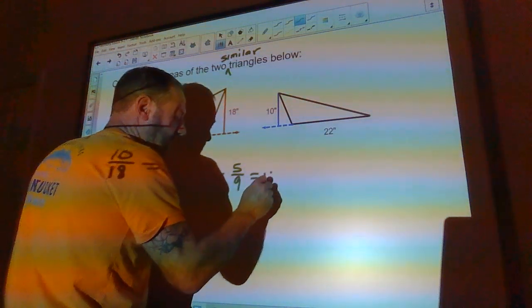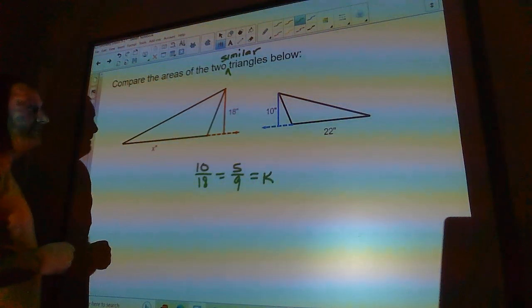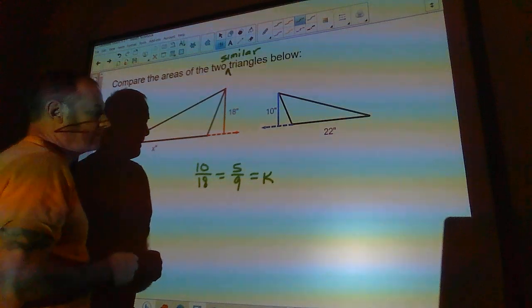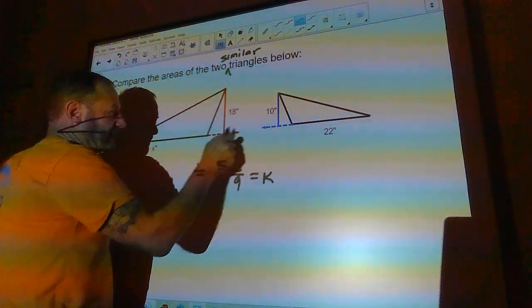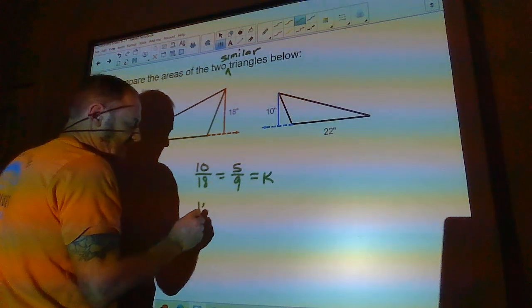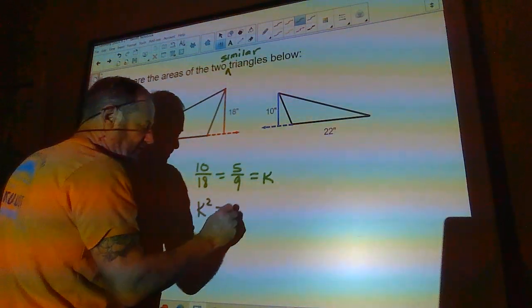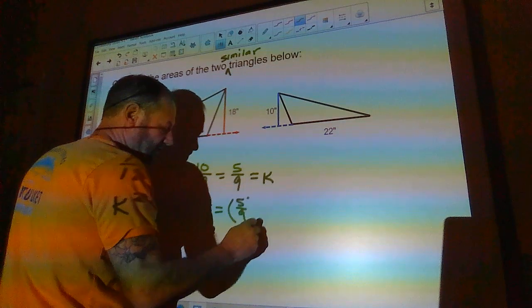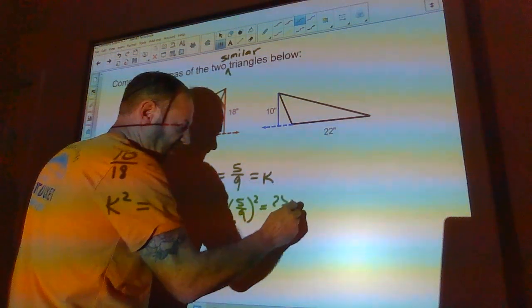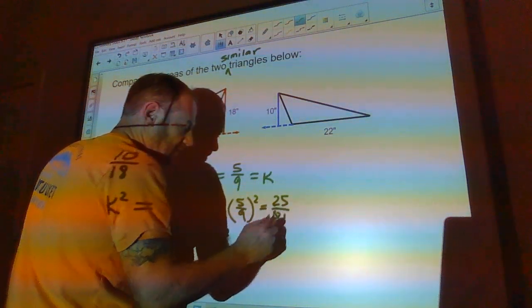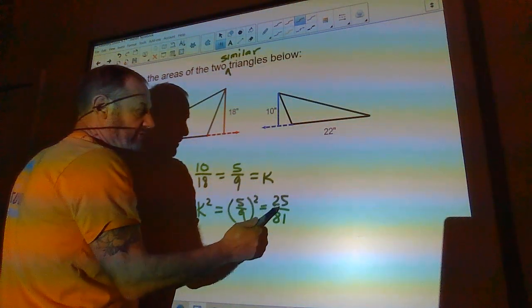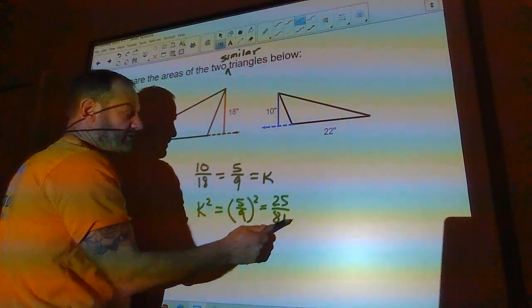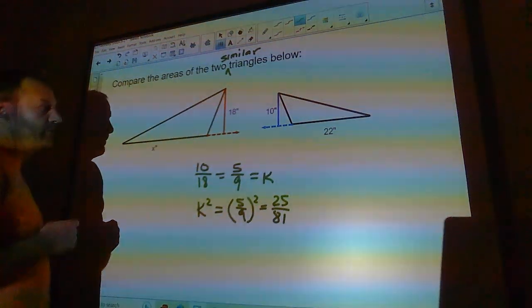So that's K. That means this one is 5/9 the size of this one. That means that K squared is going to be 5/9 squared, which would be 25/81. If I'm going from the big one to the small one, I'm going to use 25/81. If I'm going from the small one to the big one, I'm going to use 81/25.